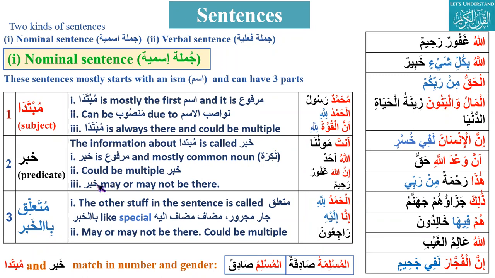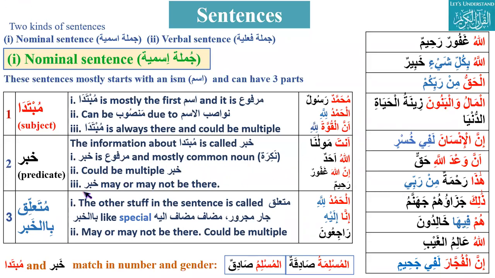Khabar is information about the mubtada, and khabar is marfu and mostly a common noun, and it could be multiple. The third part is muta'alliq bil khabar. Most of the time they are jar majroor or mudaf mudaf ilayh, and it may or may not be there and could be multiple.